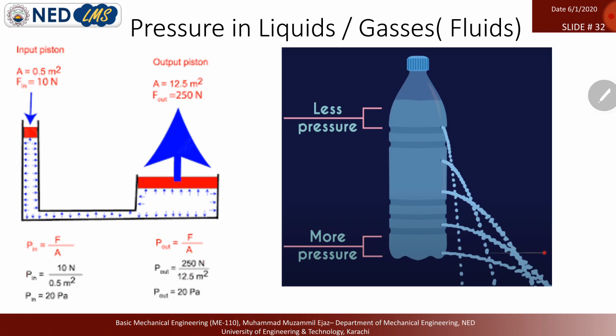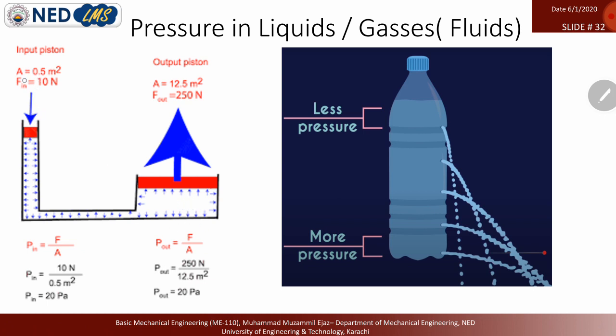So here we are doing the opposite. In the previous application we were transforming force into pressure. In liquids and gases, the thing is done oppositely. Let's suppose this piston cylinder device is filled with any liquid or any gas.